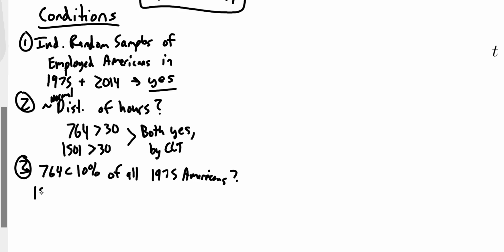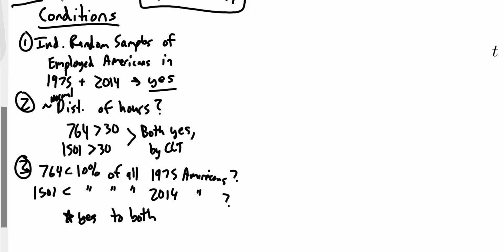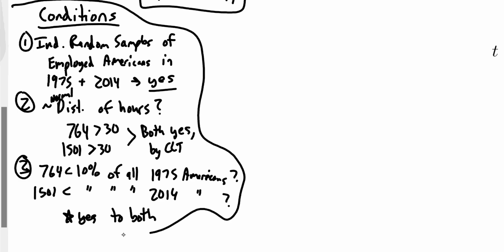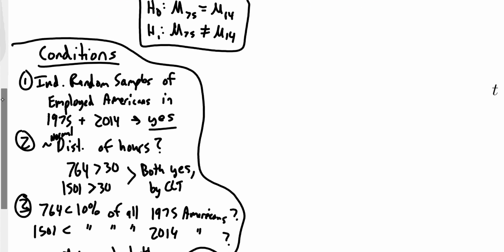And 1501, same thing from 2014. Again, yes to both. So our conditions are covered. It means we can go on with our test and feel good about it because we have met the conditions to use the things we need to use in this test.